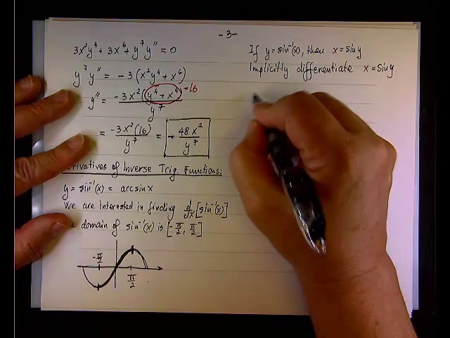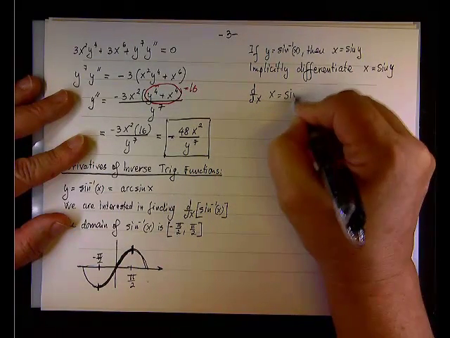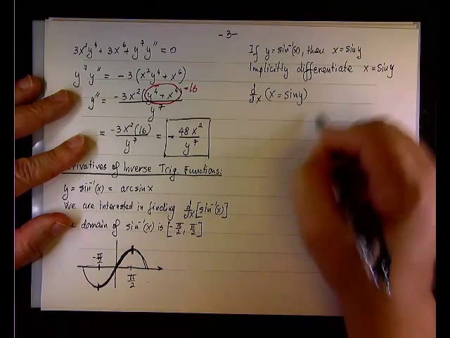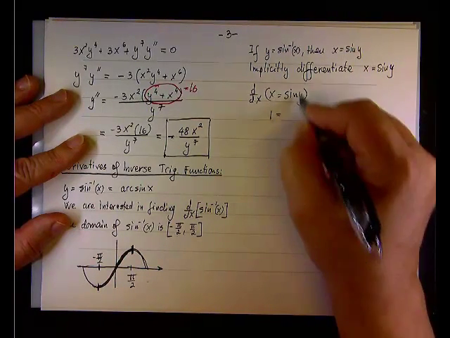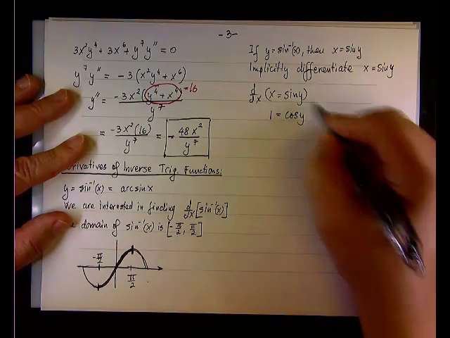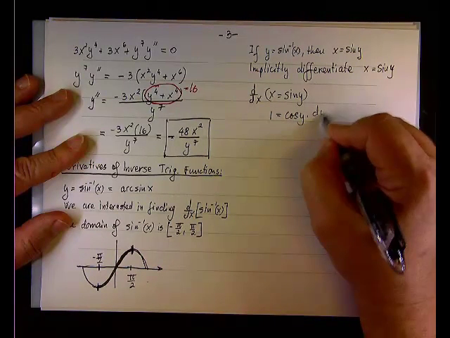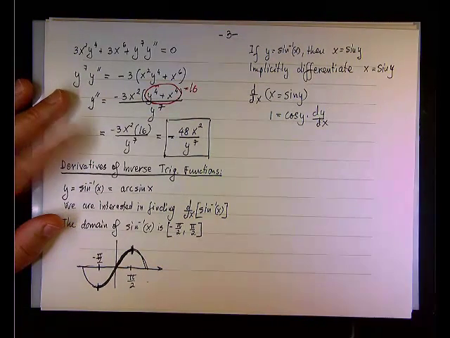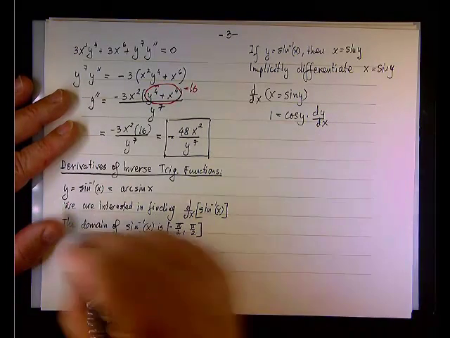All right, to take d dx of this thing, we get 1 is the derivative of x, the derivative of sine is the cosine, right? And then the derivative of y is y prime. Go back to Leibniz notation, dy dx. Remember, this is what we are interested in.